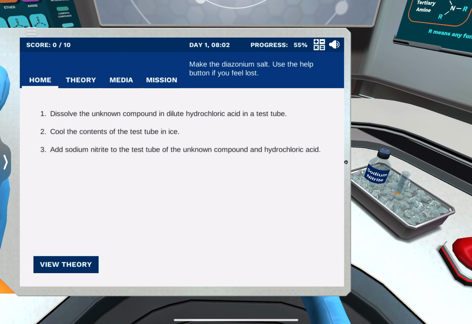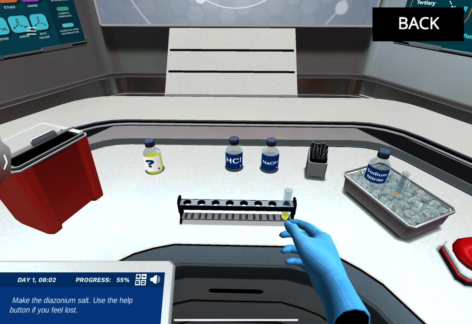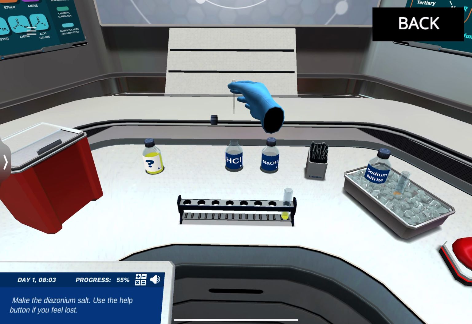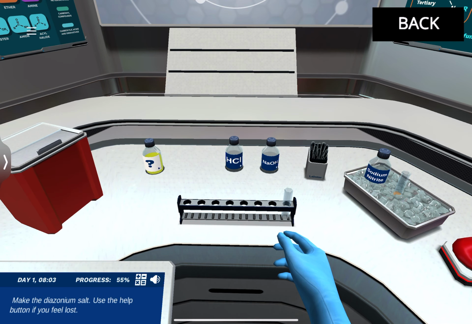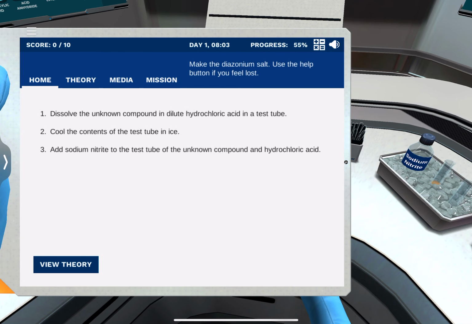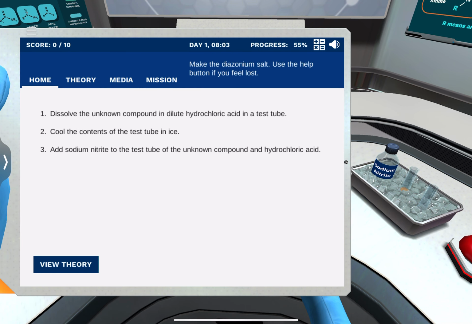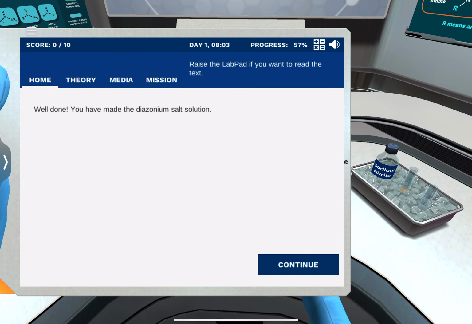Use the help button if you feel lost. Well done! You have made the diazonium salt solution.